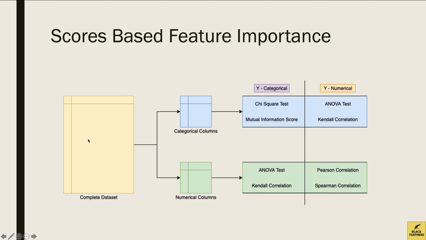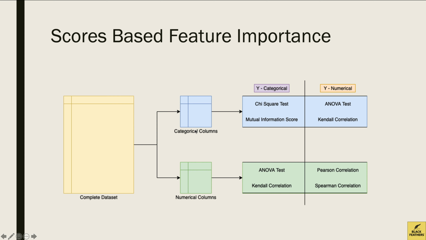First, if I have a complete data set, then obviously it will not only contain categorical columns, but it will also contain numerical columns. So finding the important features from the categorical columns will follow a different score based statistical approach, and similarly for numerical it will be different.